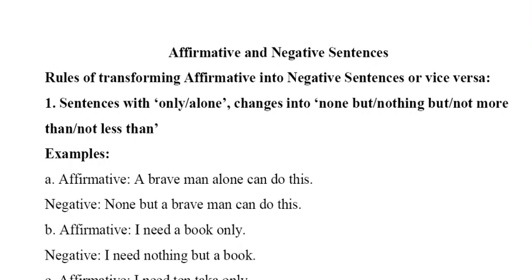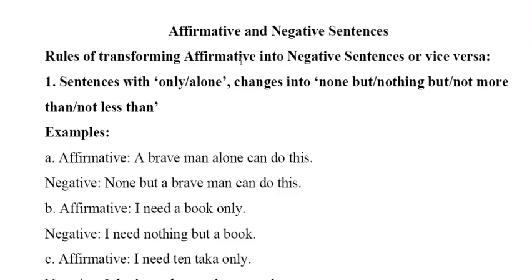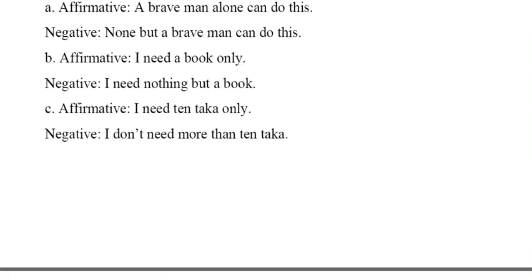So: I need nothing but a book. Are you getting it? Then: I need 10 taka only. To change it to negative, we need to put not more than or not less than. As it is a numerical value, I don't need more than 10 taka.